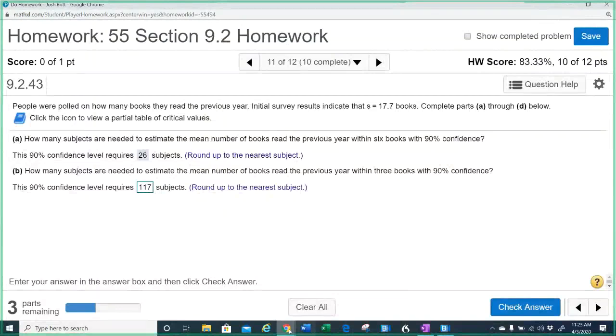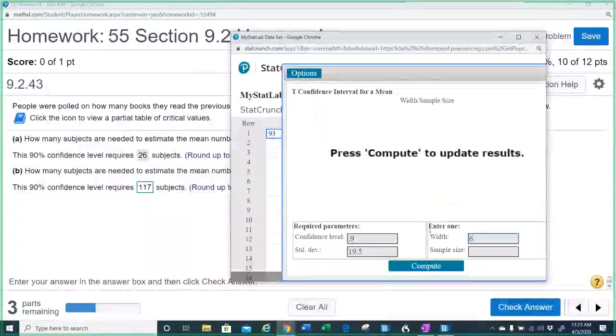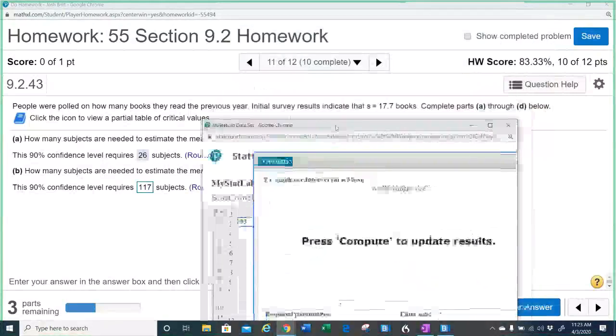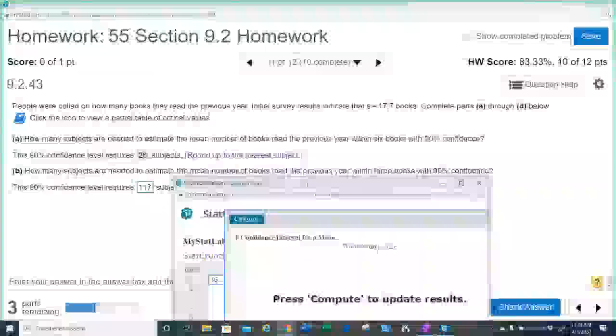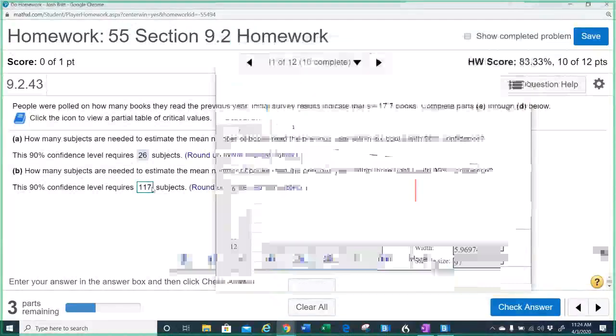Three books, I did double that to 6. 90% confident. Standard deviation, oh, excuse me, standard deviation is 17.7. So that's 97.